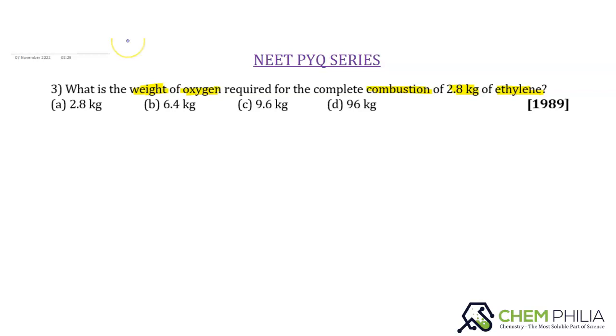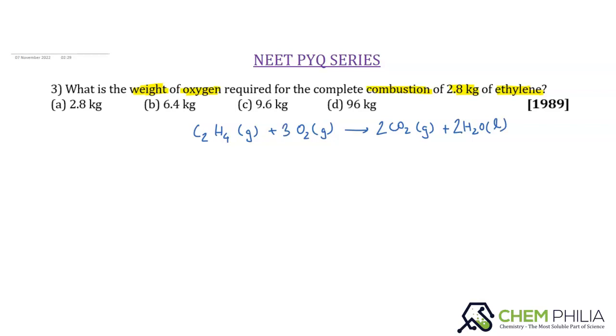Ethylene, which is a gas, reacts with oxygen, which is again a gas. The products are CO2 gas plus H2O, which is a liquid. So here it is 2 CO2, 2 H2O, so 2 plus 2 is 4, plus 2 is 6, it's 3 O2.